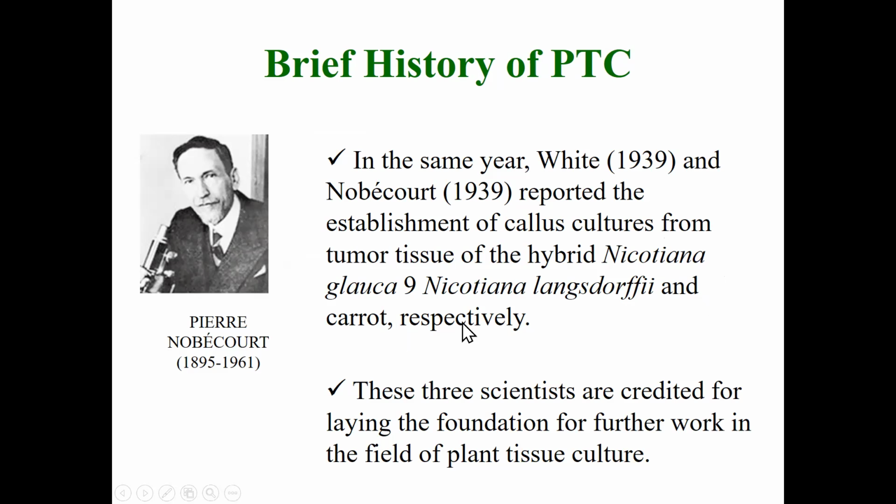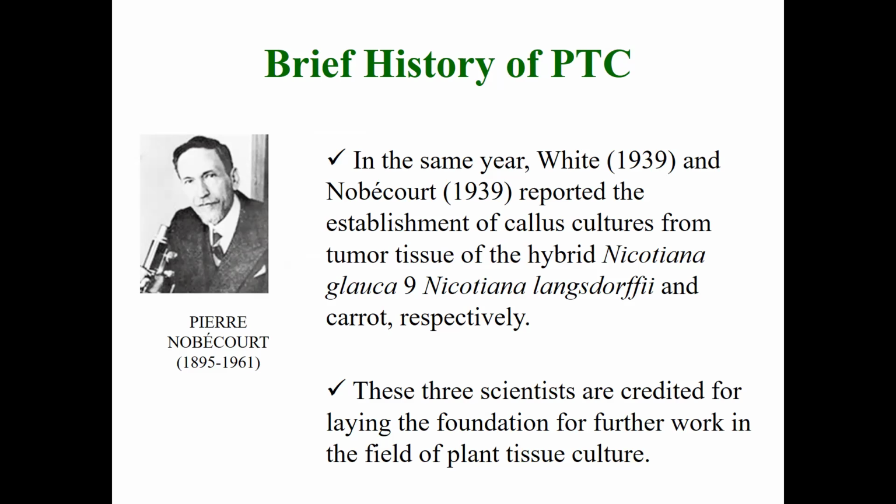He found that the tumor tissues of these plants can develop callus culture. Callus culture means profusely developed parenchymatous cells from a single cell. Those cells are undifferentiated, no organ, just a mass of cells.